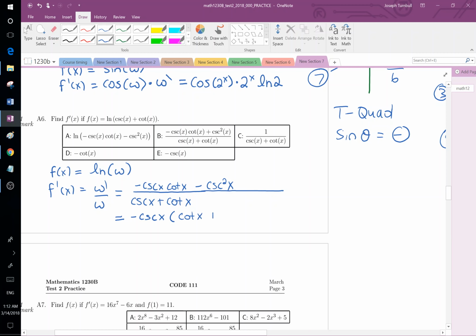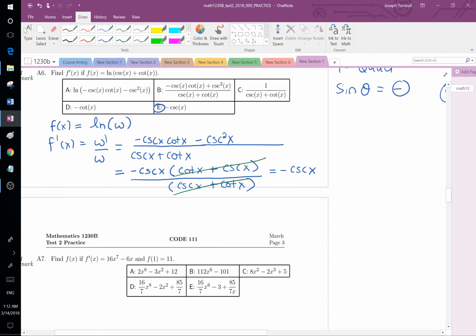In the second piece, we're left with plus cosecant of x. We factor the minus sign out. And downstairs, nothing changed. I'm going to put brackets around it though. Cosecant of x plus the cotangent of x. And the order of addition doesn't matter. A plus b is the same as b plus a. So that cancels. Now we're left with one of the options, negative cosecant of x.